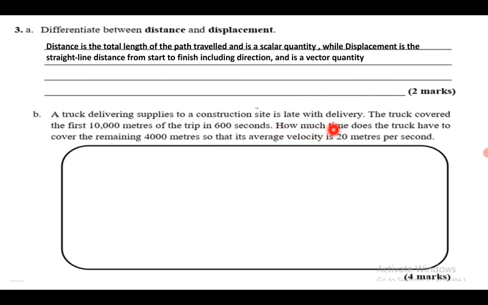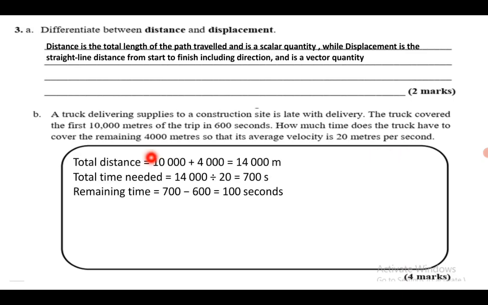So the question is, how much time does the truck have to cover the remaining 4,000 meters? So that is average speed. So average velocity is 20 meters per second.